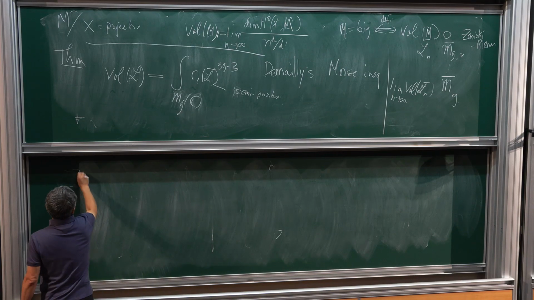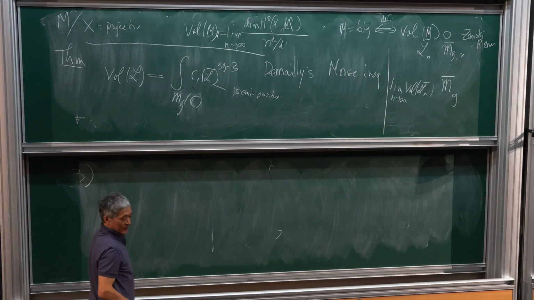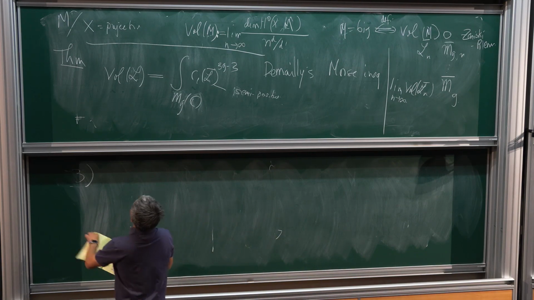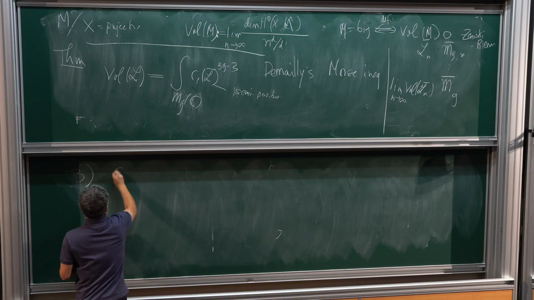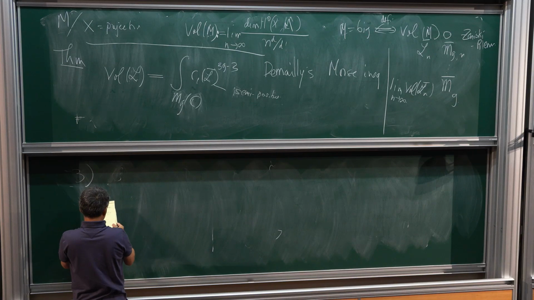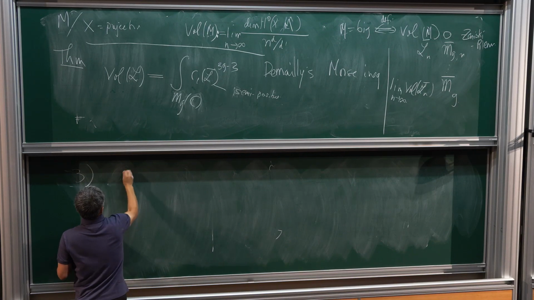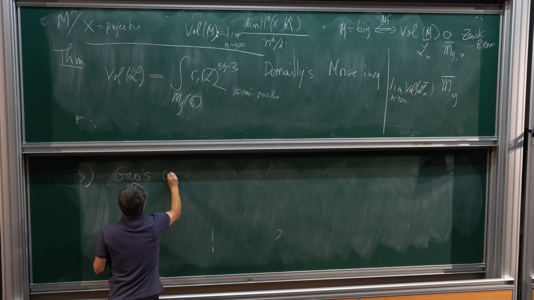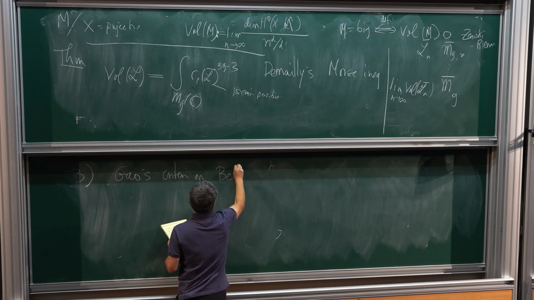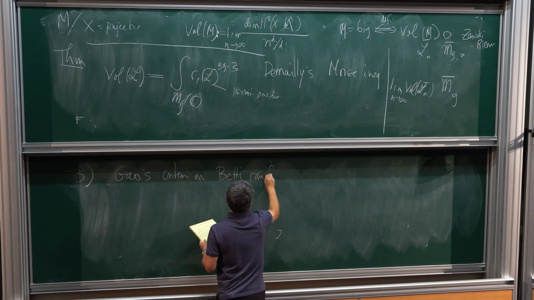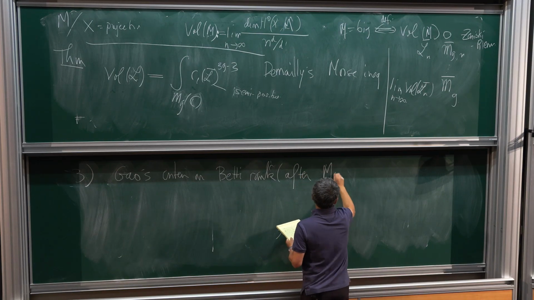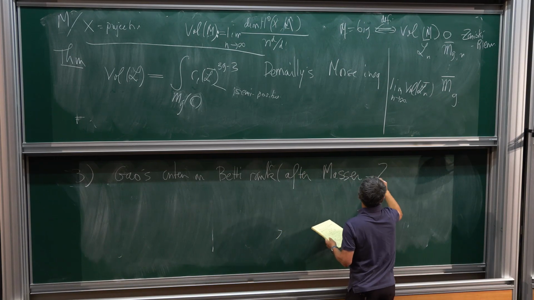The third ingredient, let me call that the Gaussian criterion and Betti rank. So I will not explain that. This is after Gao and the master Zannier.